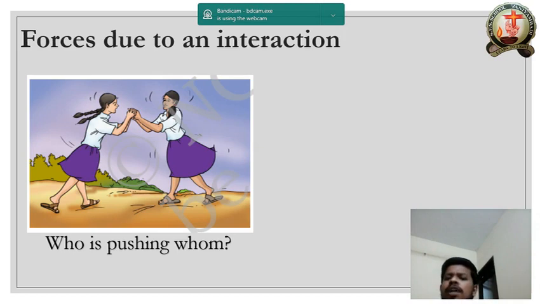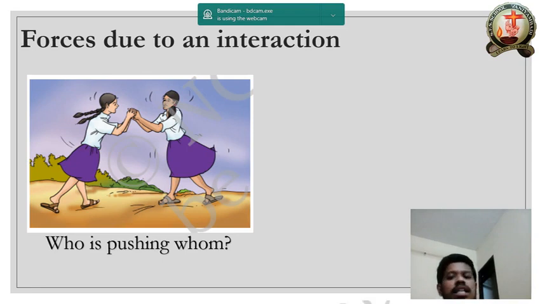Can you identify who is pushing whom? You cannot identify, right? Because they both are putting equal force when they are trying to rotate, when they are trying to run. So they are applying an equal amount of force. There is some sort of equilibrium here, so you cannot determine who is trying to push whom.